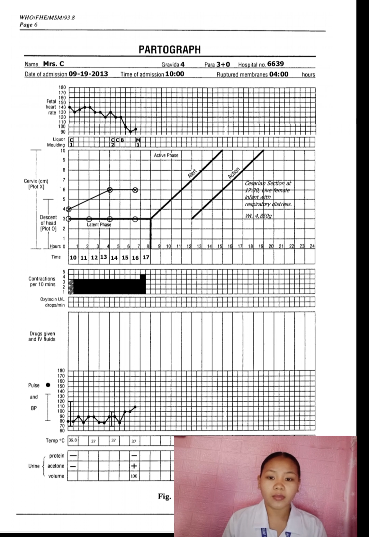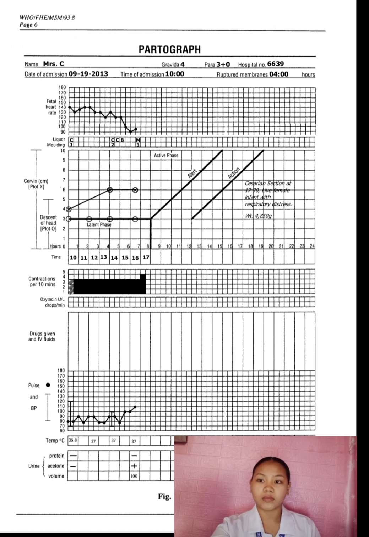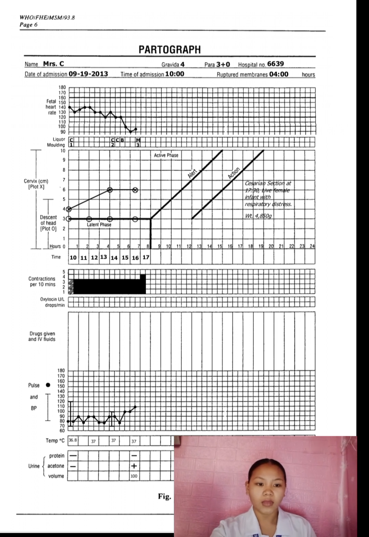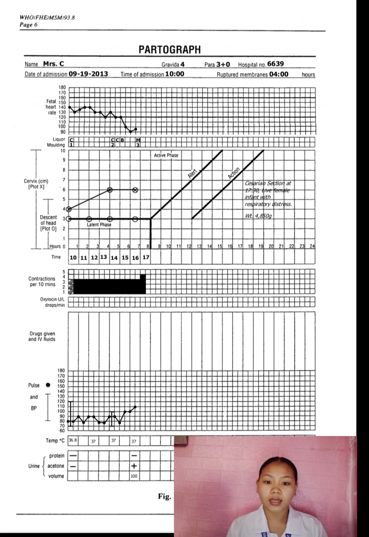Along the bottom of the graph, the numbers 0 to 24 each represent 1 hour. The first stage of labor is divided into a latent phase and an active phase.